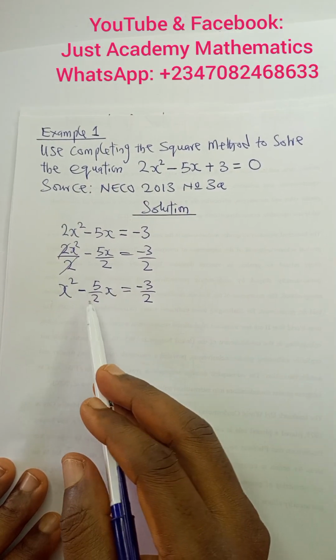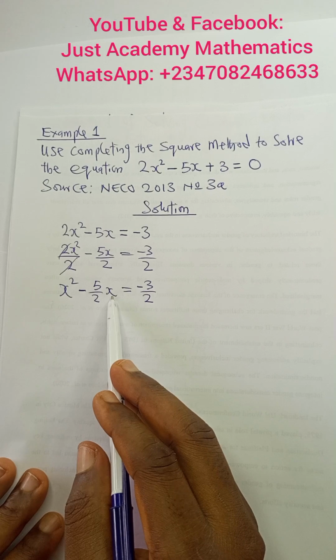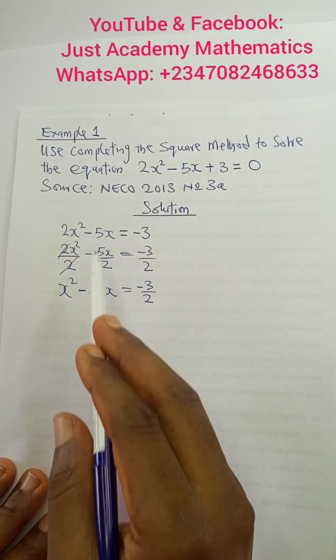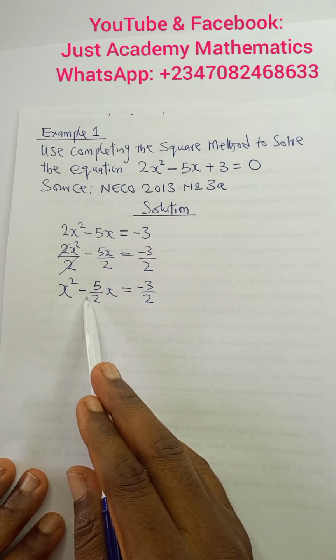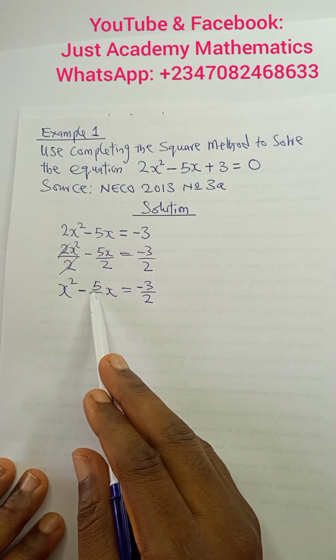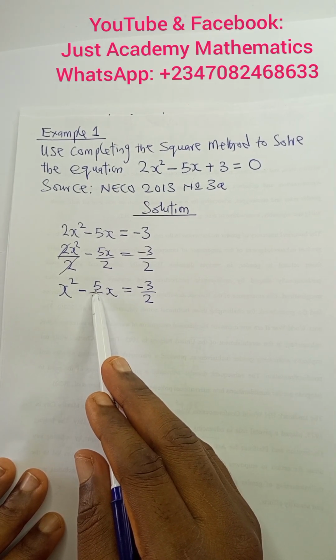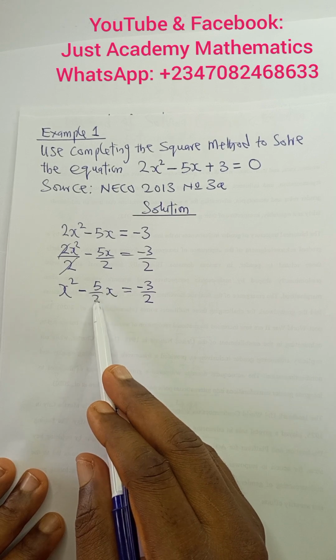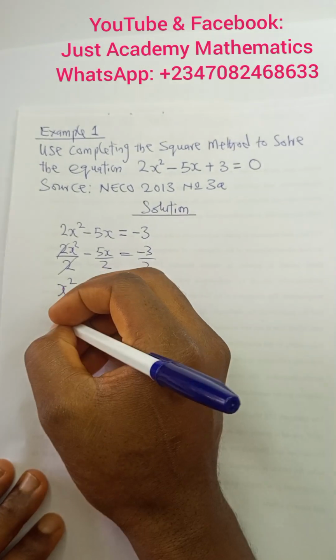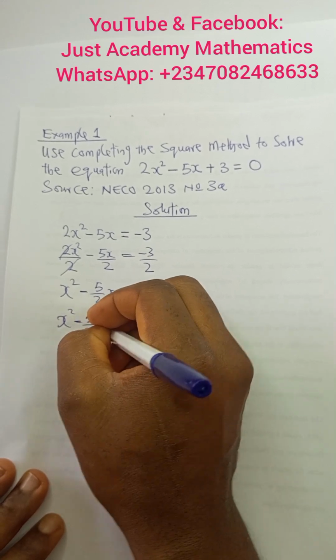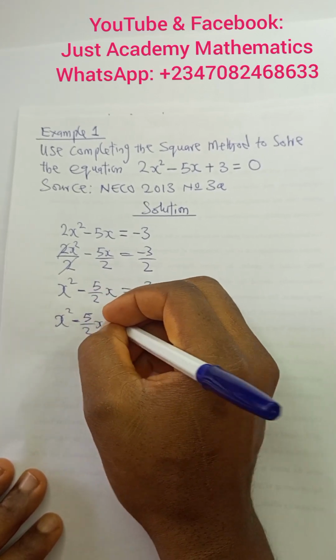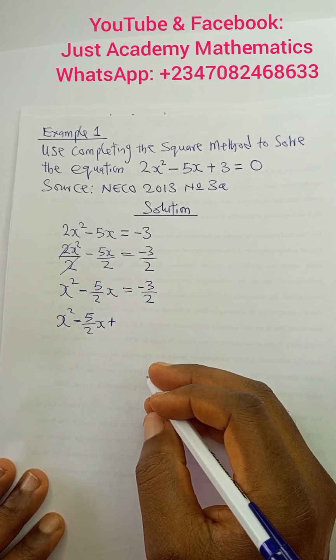The third step is to add half of this one. Half of the coefficient of x now. Not here. The coefficient of x here is minus 5 over 2. Add half of the coefficient of x, which is half of 5 over 2, to both sides and square it. So we have x squared minus 5 over 2 x, then plus half of 5 over 2 means 5 over 4.